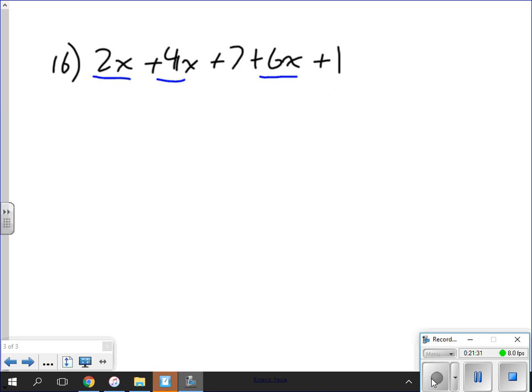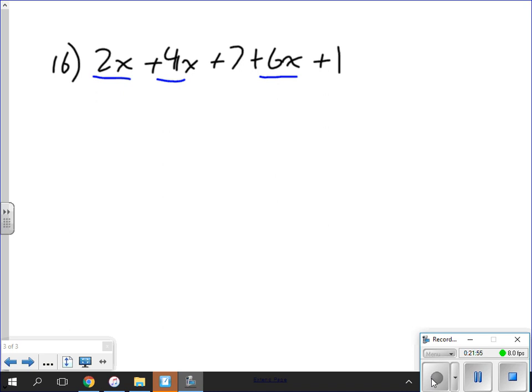And then what do I do? I combine those together. How many x's do I have? If I have 2 apples in this hand and 4 apples in this hand, and then I've got 6 in the bag in the middle, and I put them all together in the bag, how many apples do I have all together? 12. How many x's do I have all together? I've got 12.